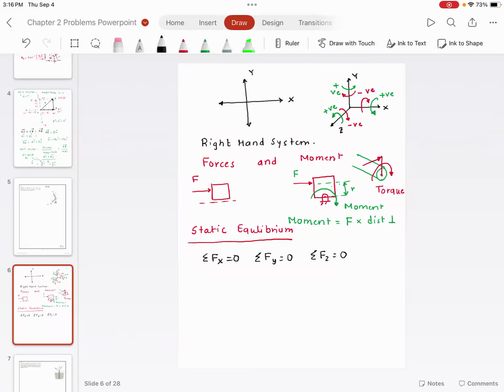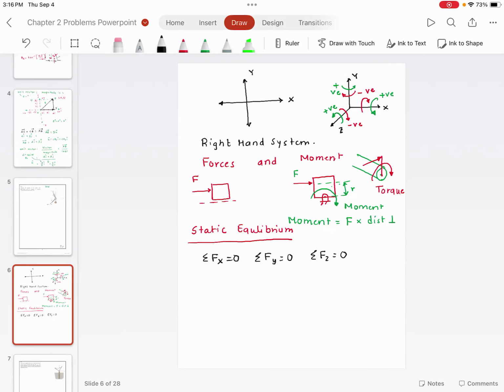If the clockwise moment, shown by the green arrow, has the same magnitude as the counterclockwise moment, shown by the red arrow, the total torque or the total moment is going to be zero. It means that object is not going to rotate. You agree with me?